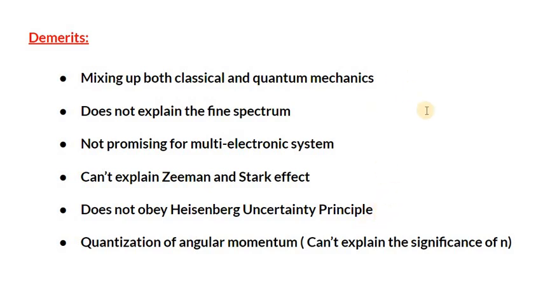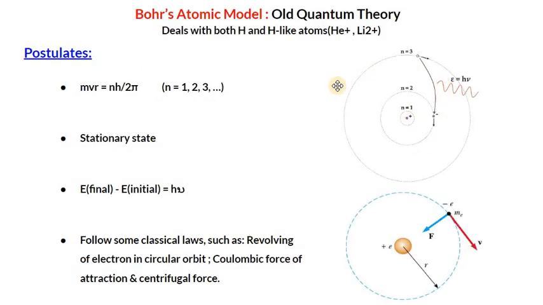How? Let me show you the picture first. According to Bohr theory, the electron revolves around the nucleus in a circular orbit. If the electron is present over here, as it is a product of both classical and quantum mechanics, we can exactly determine, at a particular moment, the position and the momentum of the electron.